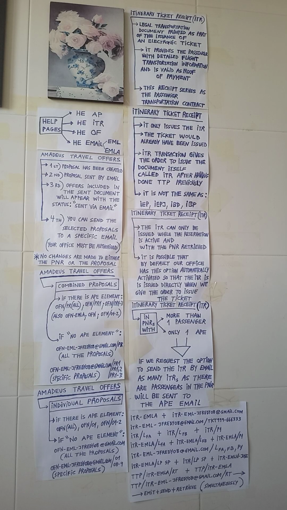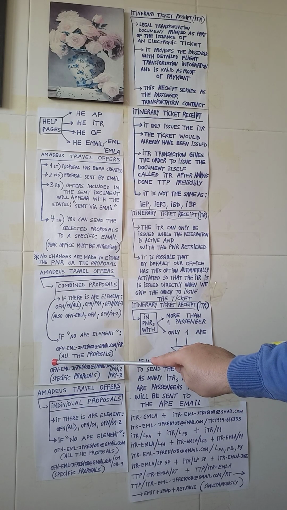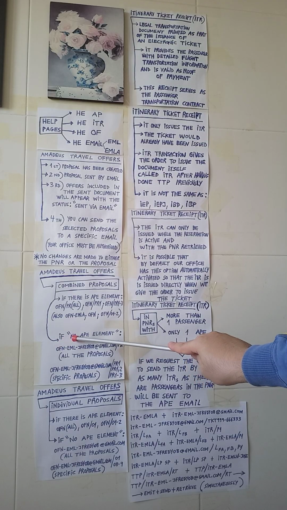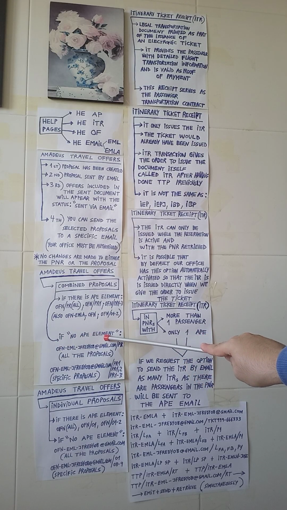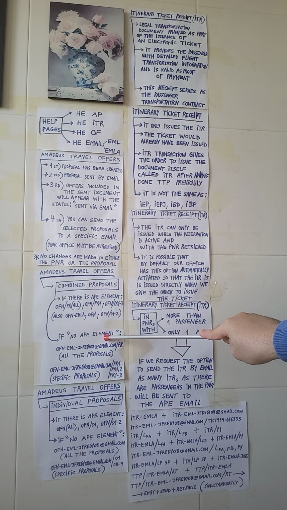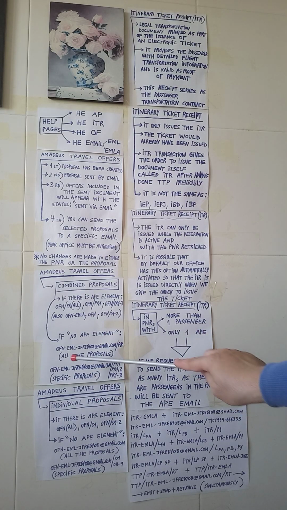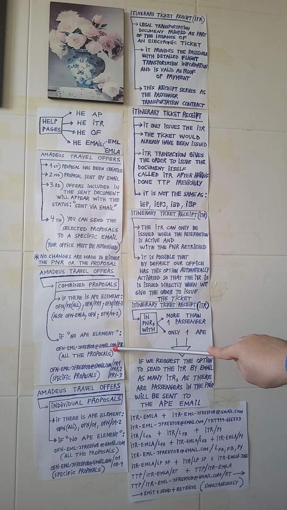Now, I am going to explain a few transactions that can be used to send combined proposals when we don't have the APE element in the booking, okay? So, I start with this long transaction, okay?